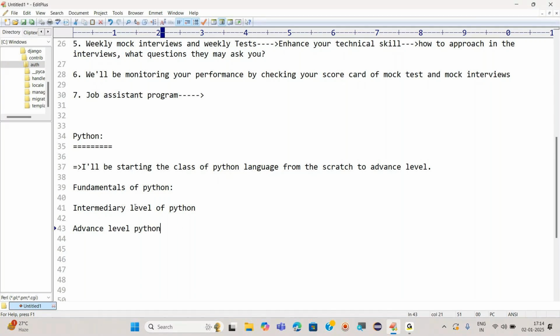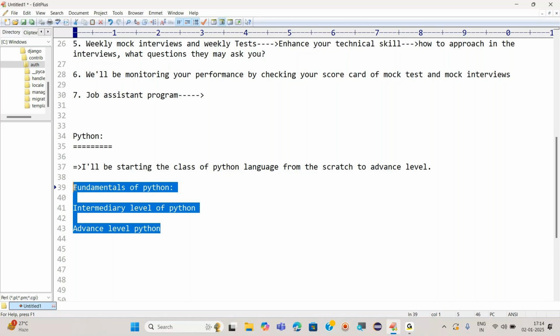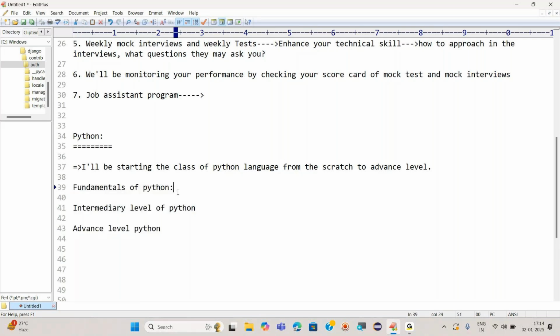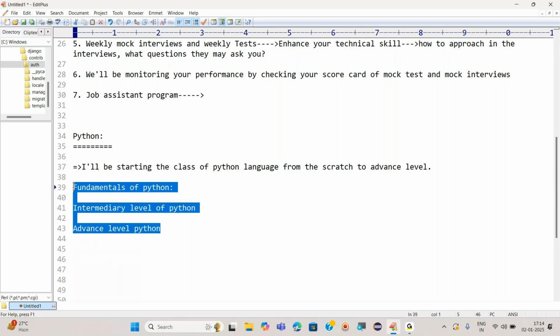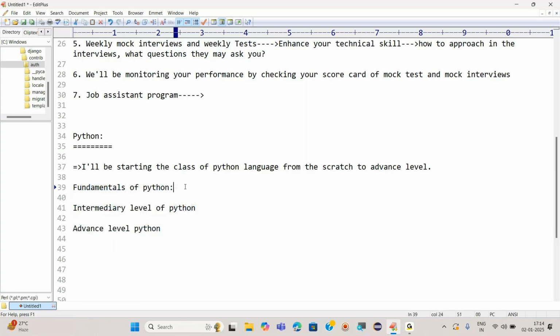So three levels we have, and we are going to see them bit by bit. We have divided it in three parts. The first is the fundamental level, the second is the intermediary level, and the advanced level is going to be the best level of this curriculum.